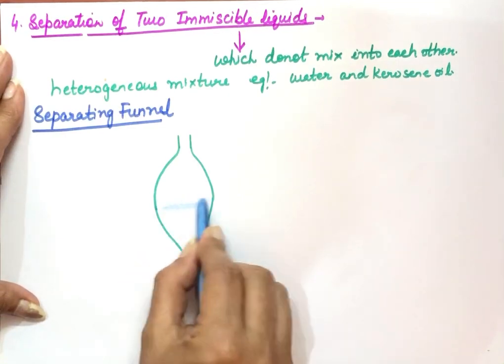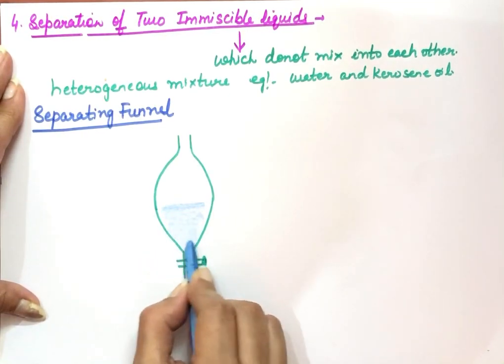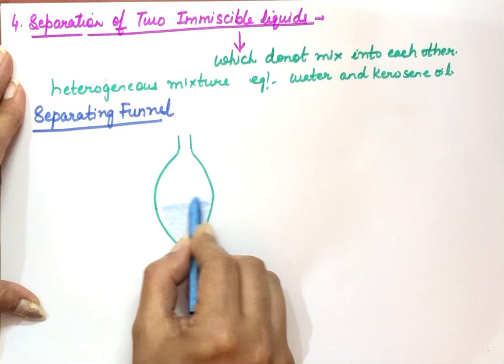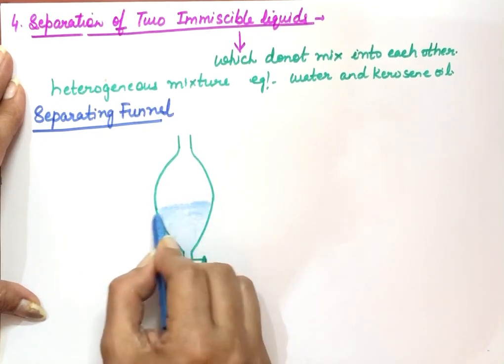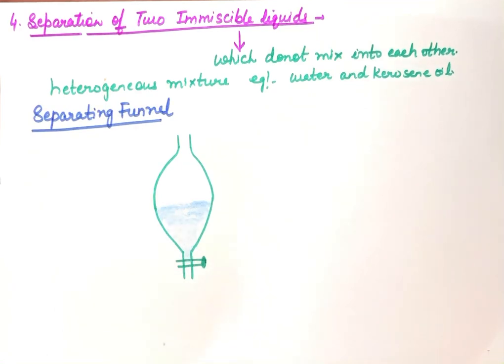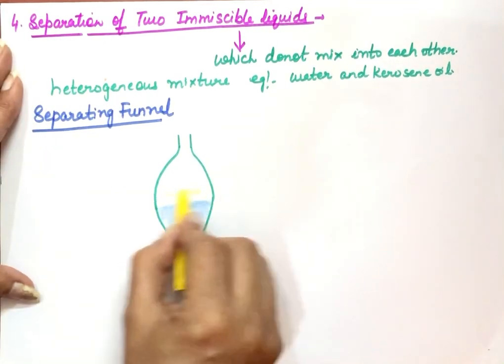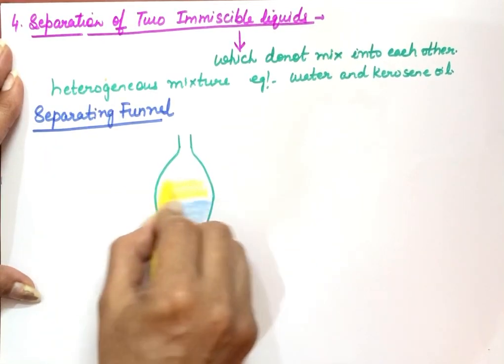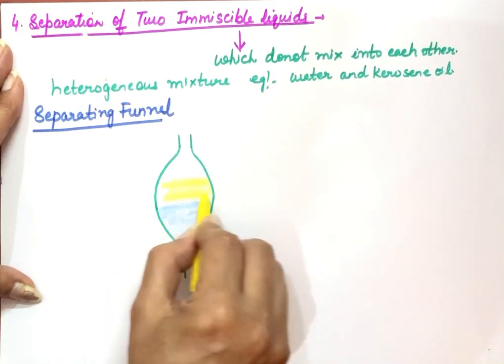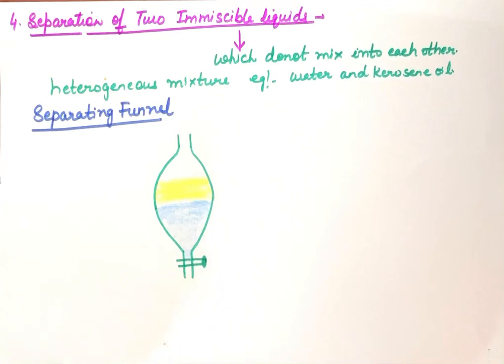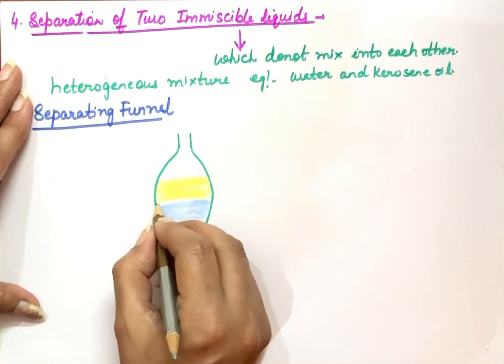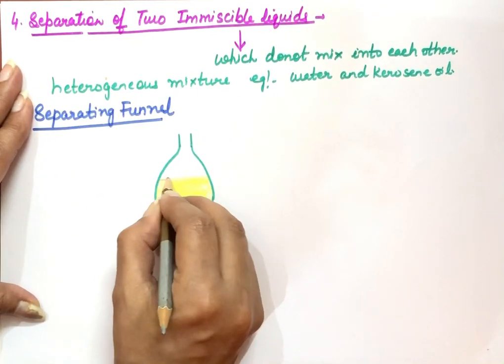Since the liquids are immiscible, they will form separate layers. One liquid is this one that I am drawing in blue, and the second liquid is this yellow one. So we can see the two separate layers. One is water and another one is oil.